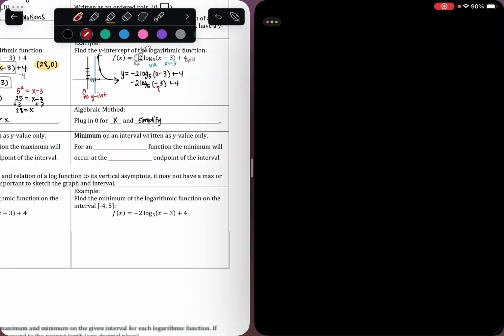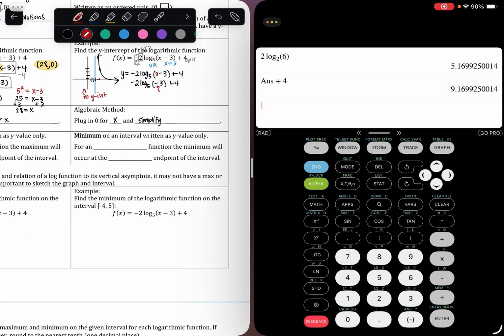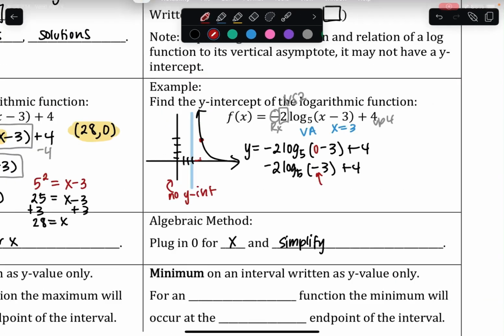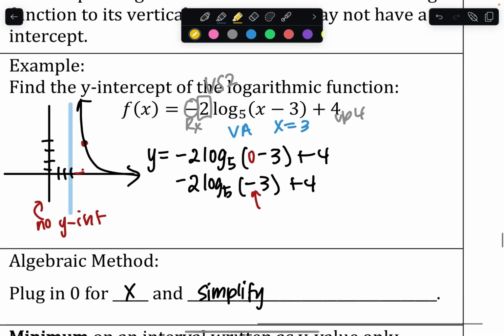And so just to show you, log base 5 of -3. Non-real answer. And so when you see that, a red flag should go off. You can't have that. So no solution here. And so you would say no y-intercept.